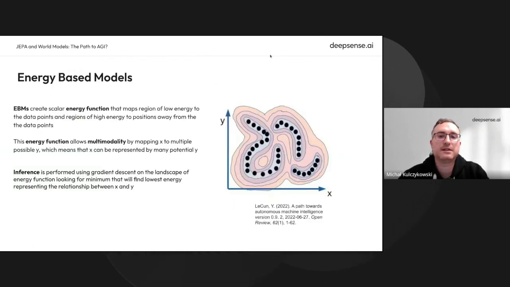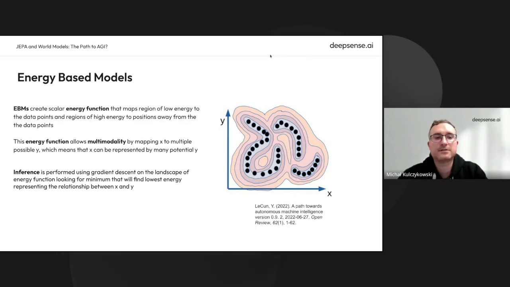That means it learns an energy function that outputs a scalar value that maps regions of low energy to data that is physically valid. For example, when I throw a ball through the window, it will fall down. And it maps regions of high energy to data that is physically invalid. For example, if I throw a ball through the window, it will go up.